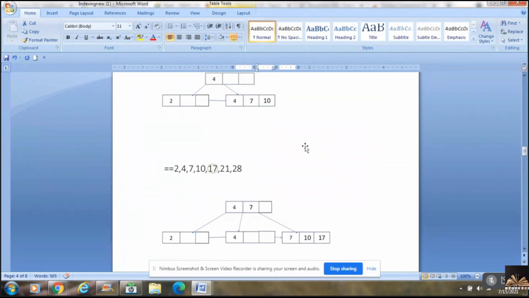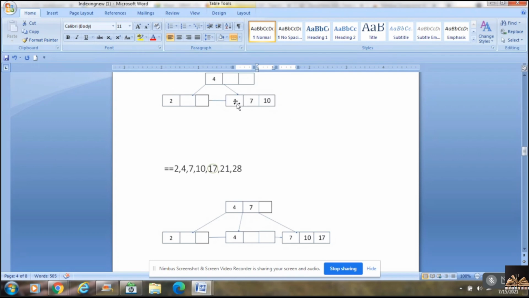Now the next element to be inserted is 17. Where does 17 come? Try to understand. Is 17 less than 4? No, 17 is greater than 4. But this particular node is full. All the 3 elements, 4, 7, 10, have been stored.